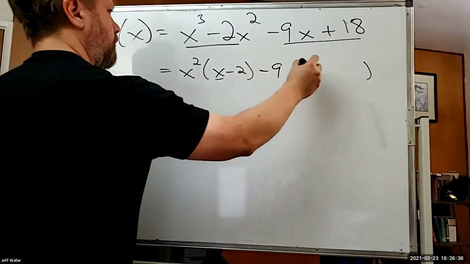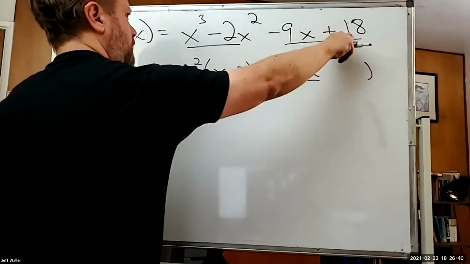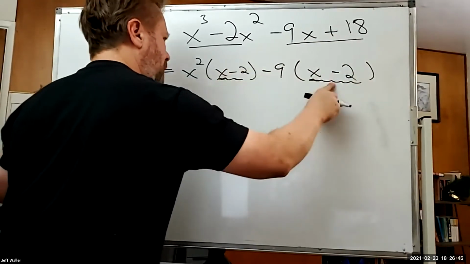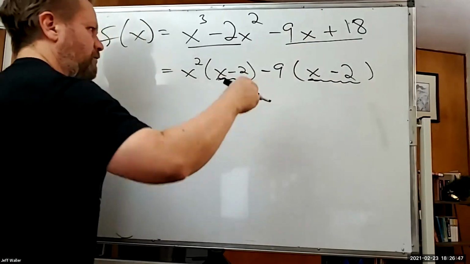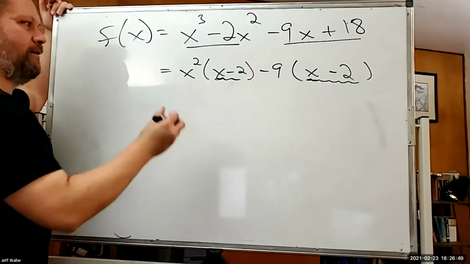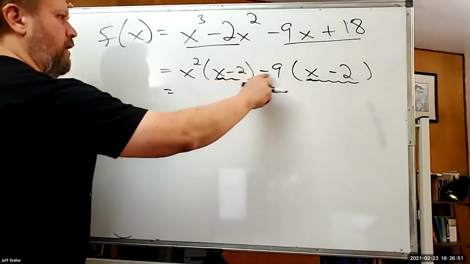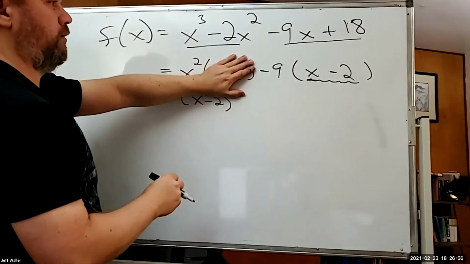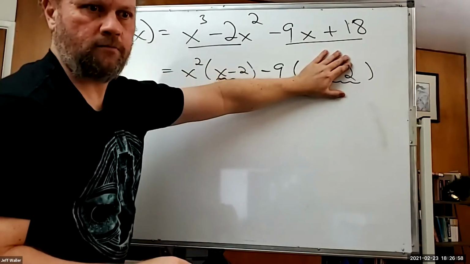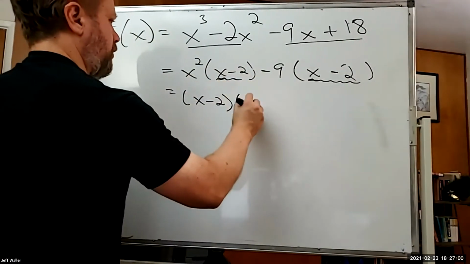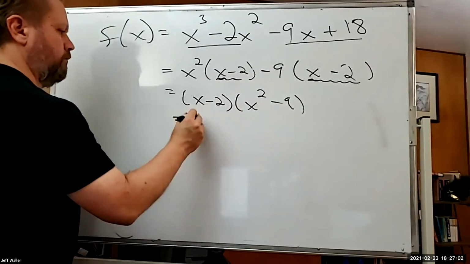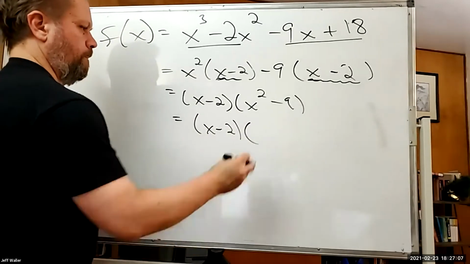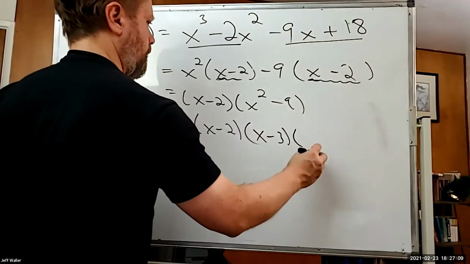So negative 9 makes the signs change. And now I know I'm in the right. If these are not the same, you've made a mistake. Don't go further because you can't. So the next thing I can do is take an x minus 2 out. And I'm left with x squared minus 9. And then what can I do with x squared minus 9? X minus 3 times x plus 3.